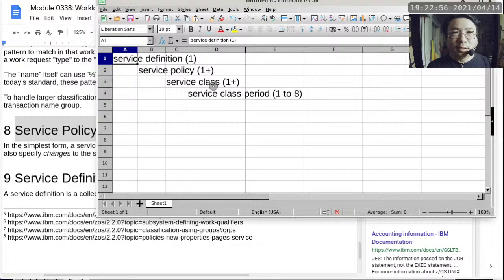Okay. And somewhere here, I think at the same level as surface policies, are the classification rules. So the classification rules are a part of the surface definition.